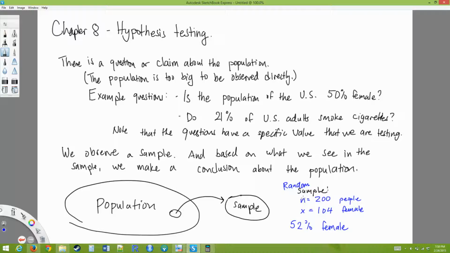But how many people are we going to have to look at to get that? So the question here is basically, when I see a sample like this, is this enough for me to say that in the United States we don't have 50% female, we have a number other than 50% female? Yes? No? What do you guys think?